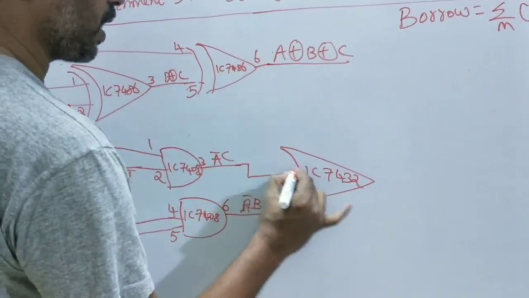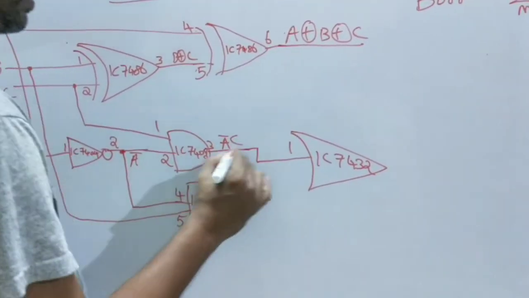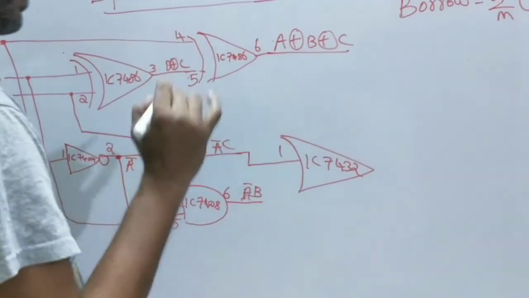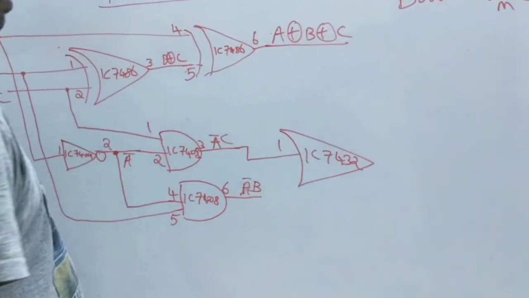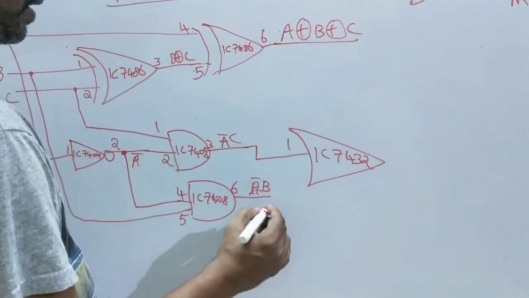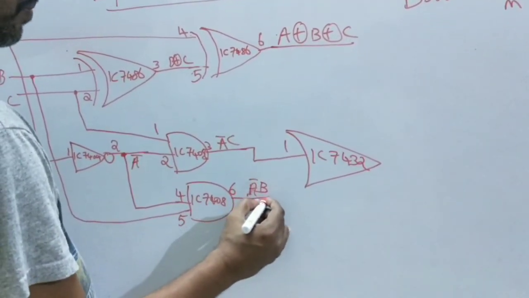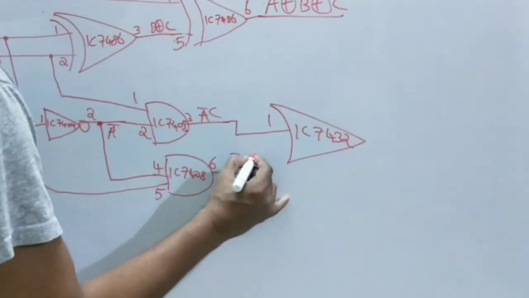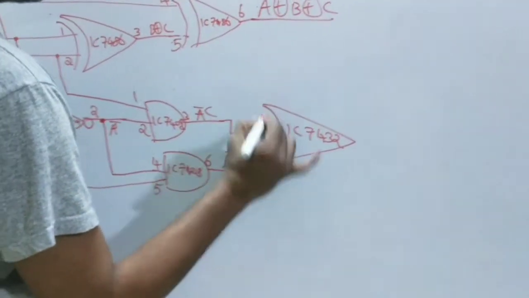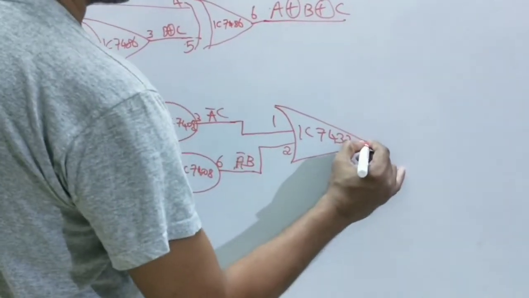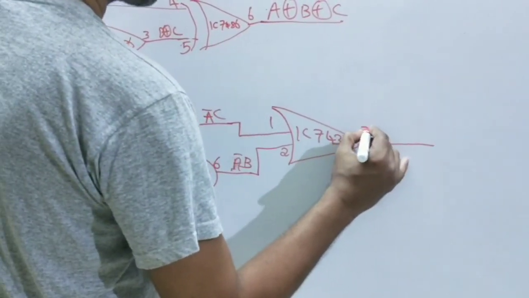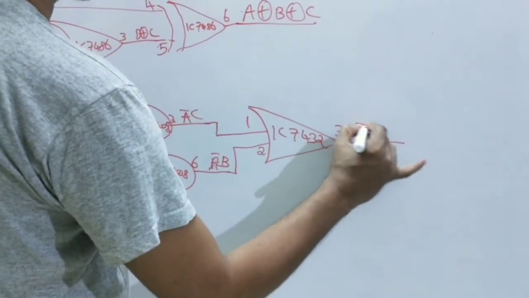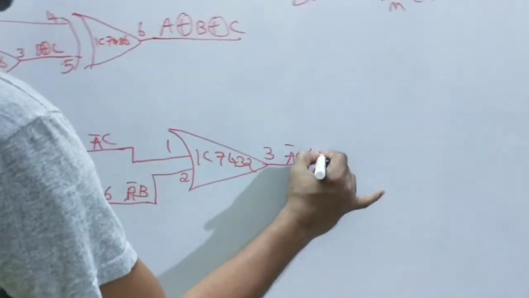So first we need to connect this A dash C from the output of the AND gate with one input of the OR gate. The other product term from the 6th pin of IC 7408 is connected to pin number 2 of IC 7432, right? Then pin 3 forms the value A dash C plus A dash B.